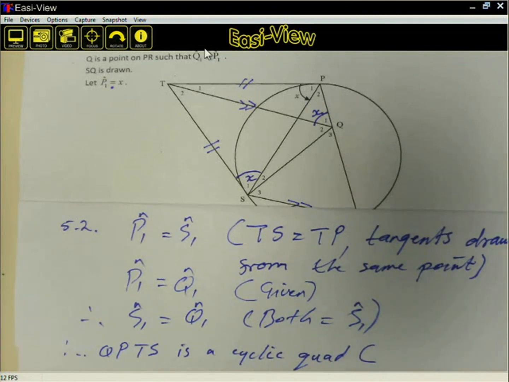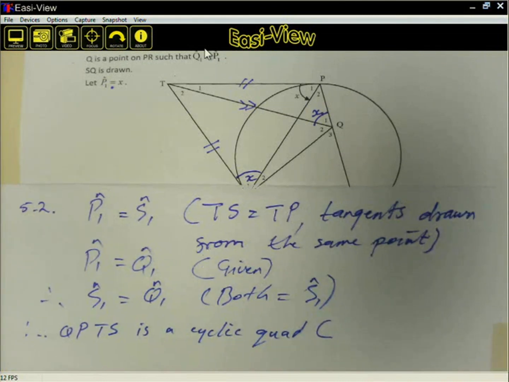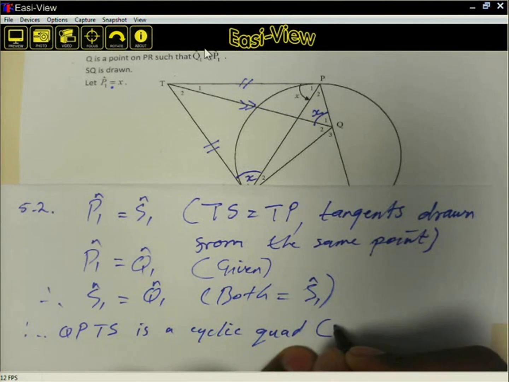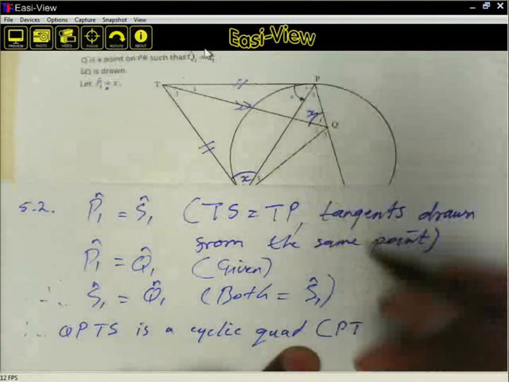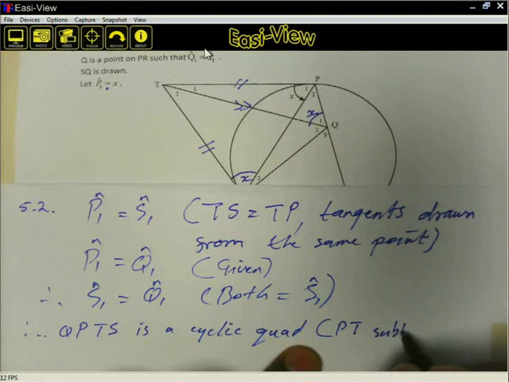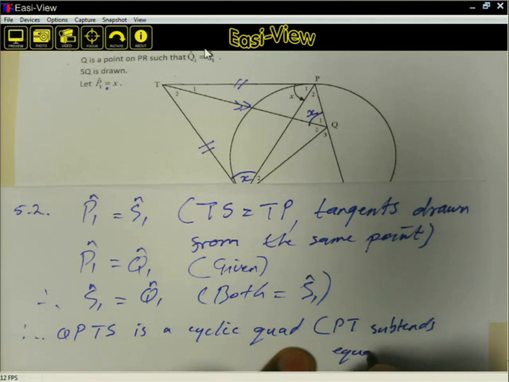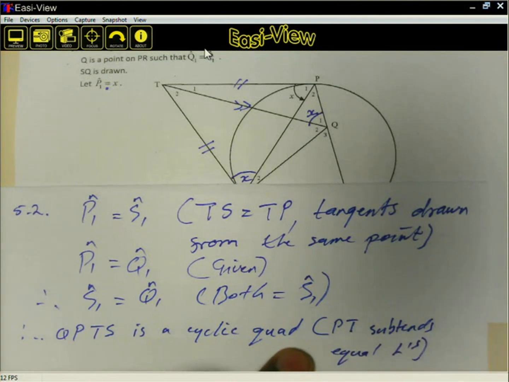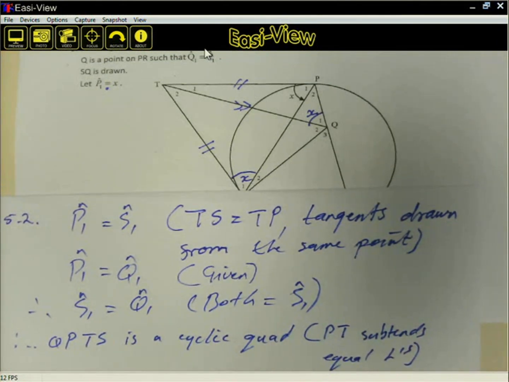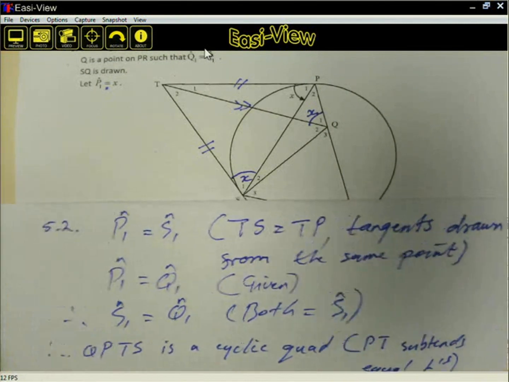Why do we say QPTS is a cyclic quad? Because side PT subtends equal angles. Thank you. That's how we prove that QPTS is a cyclic quad.